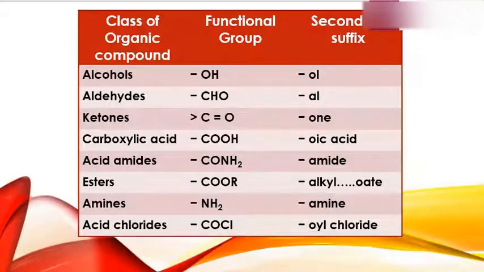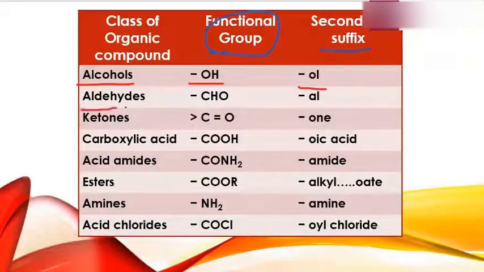Then moving to the functional group. Functional group, their suffix and the class of organic compound. Starting with alcohols, the functional group alcohol uses OH in the chain and the secondary suffix is -ol.